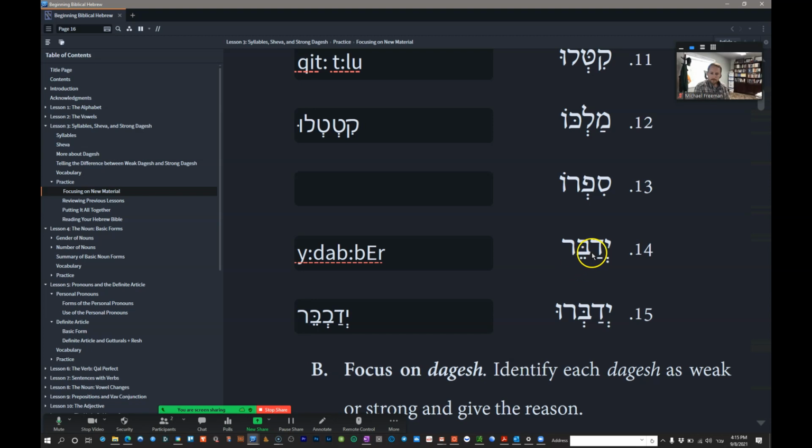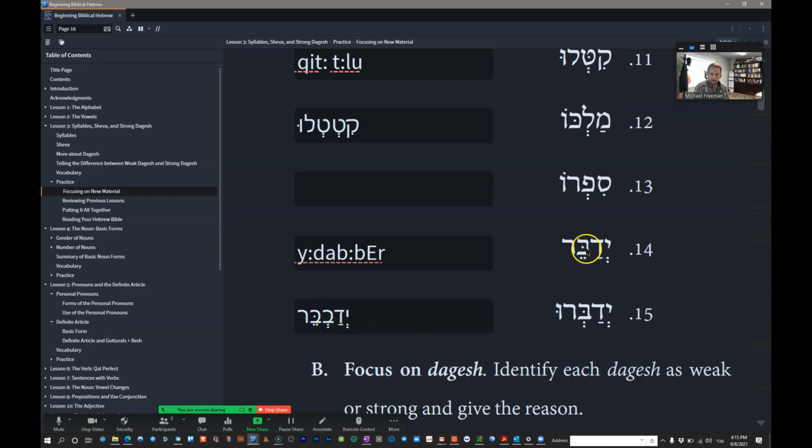Right, so you need to understand that when you see a dagesh forte there, that tiny little dot inside the bait, for example here, if you were to pull up a microscope and look at that dagesh, in this particular situation, you would see curled up inside of that bait, a bait with a silent schwa.